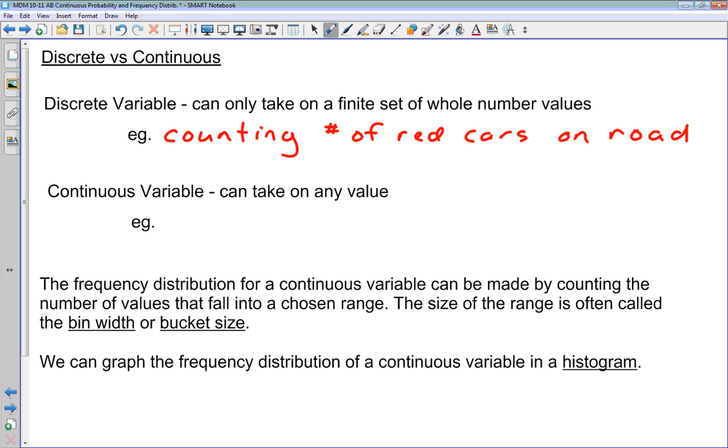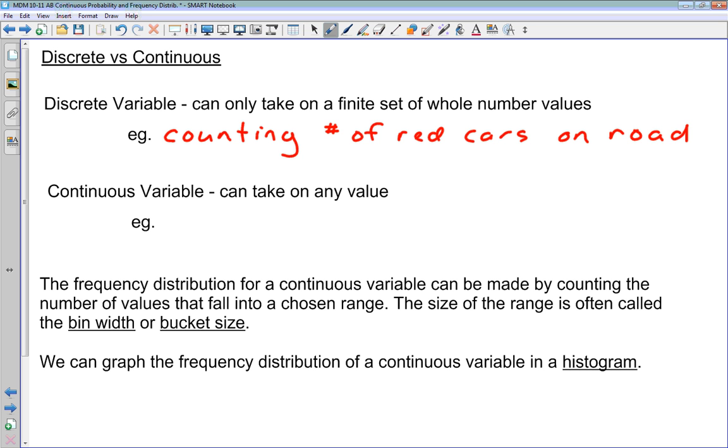We can easily have 10 cars, we can have 12 cars, we could have 11 cars. We can't have 11 and a half or 11 and a third or anything like that. And it's unlikely that the number of cars is going to be infinity. So we're limited in the range of values that we can get, and also what numbers can be in that range. We can only really have whole numbers.